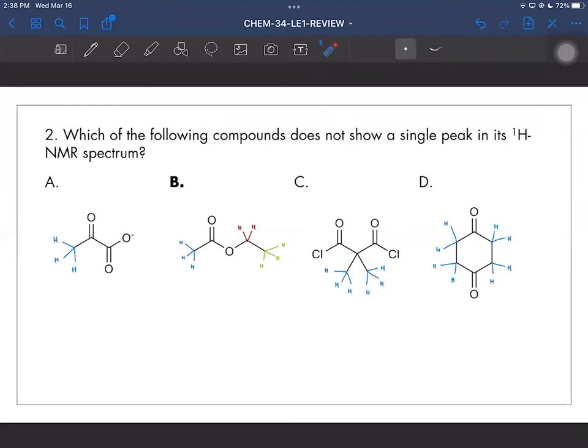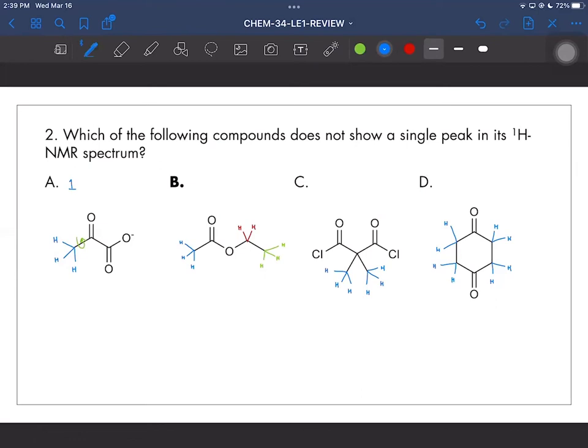So they experience the same environment due to the fact that this bond is freely rotating kasi it's a single bond. So since it's freely rotating, these protons will just experience the same chemical environment, and therefore they're all chemically equivalent. So chemically equivalent protons just give off one peak in its H-NMR spectrum. So we'd expect a single peak sa spectrum niya.